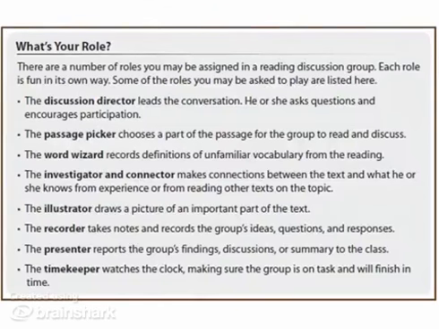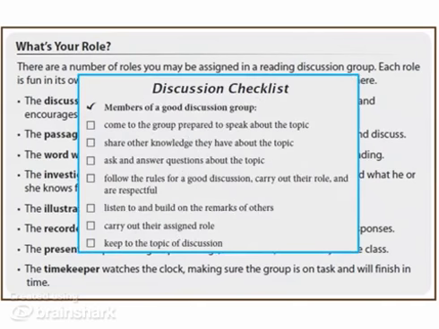The teacher then breaks the students into groups and each member is assigned a specific role. The groups will read, discuss, and answer questions about a provided passage, and then they will present their group's response to the class. The students can refer to the discussion checklist to ensure that they are acting as members of a good discussion group.